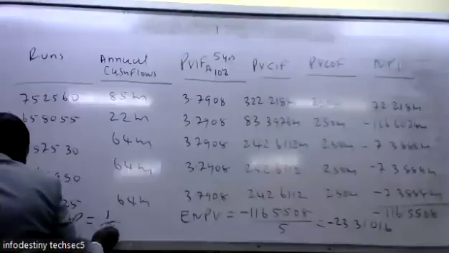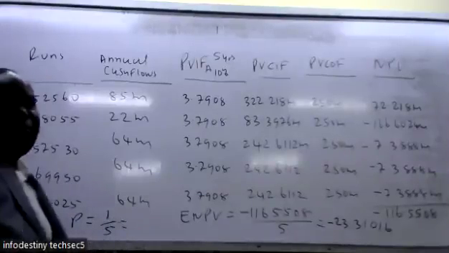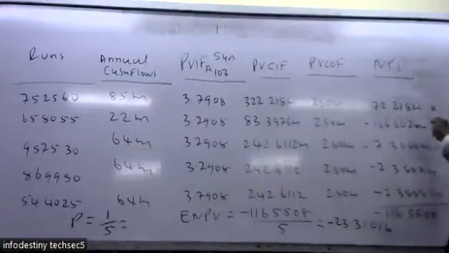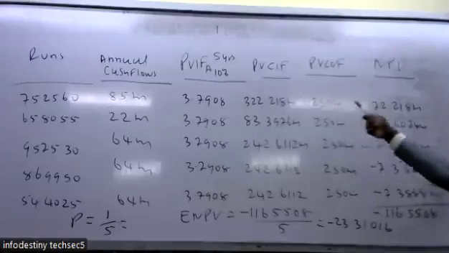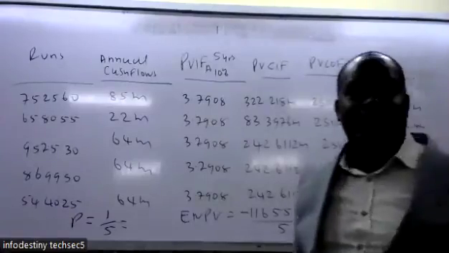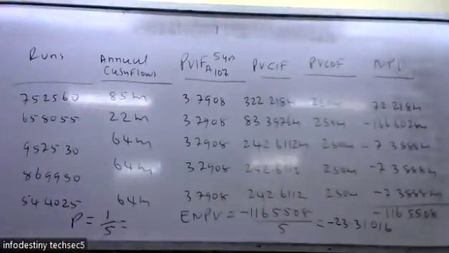So the probability for the success will be 1 over 5. The 1 is this one which was positive. 1 run was positive, 4 runs were negative. So the probability for failure will be 4 over 5.